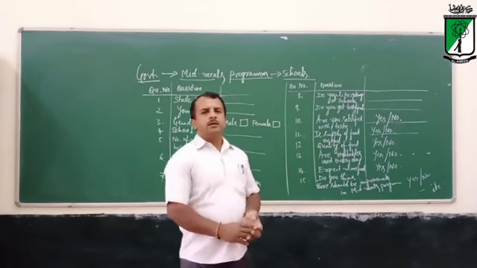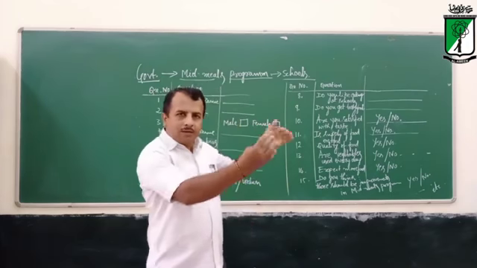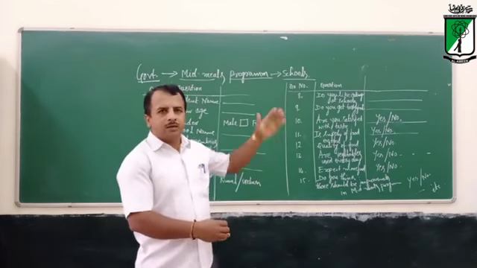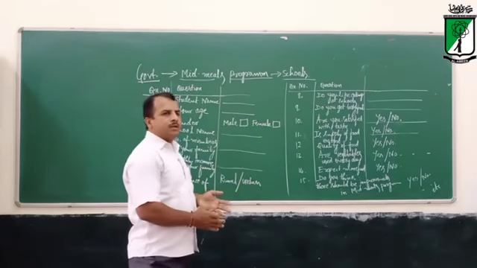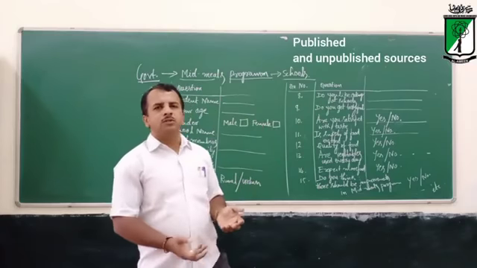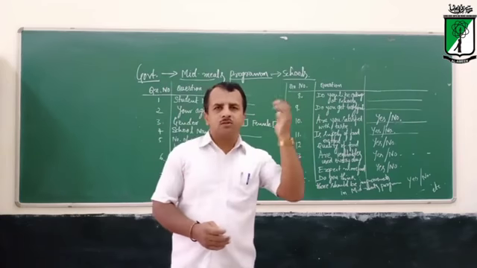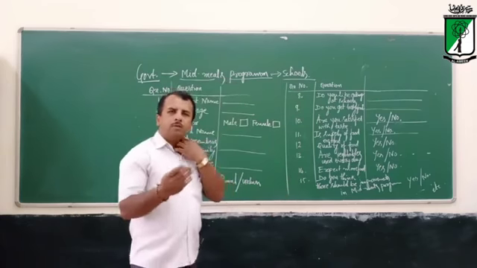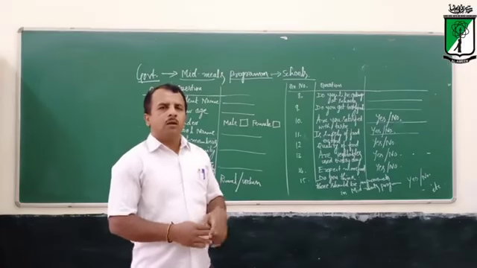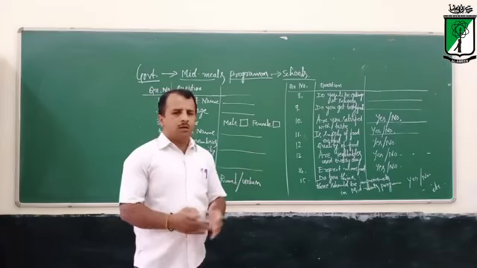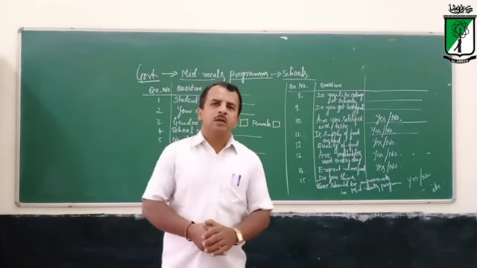Then secondary data. Secondary data is nothing but second-hand data which is already collected and kept in ready format. It consists of published sources and unpublished sources. Published sources are publications by international organizations like WTO, World Bank, WHO, and also the RBI publications, government publications, and newspapers.